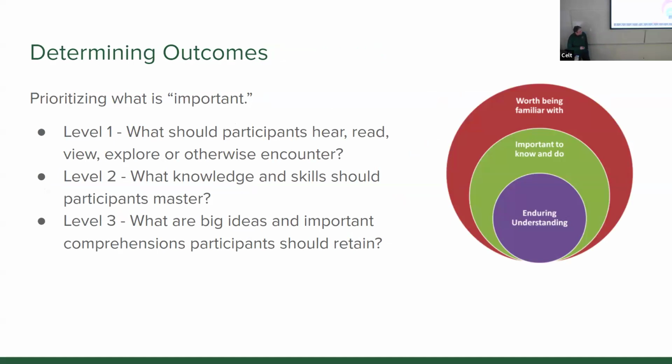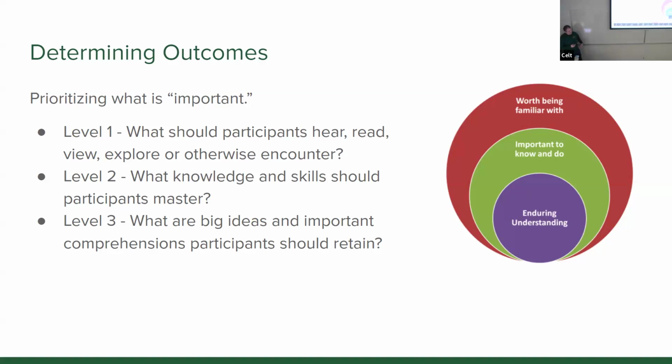Now, as we start thinking about developing outcomes for a course, one way to do that is to think about prioritizing what's important. And this particular bit of information comes from Vanderbilt University.